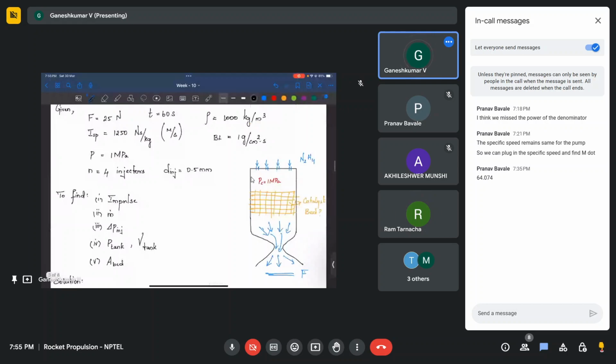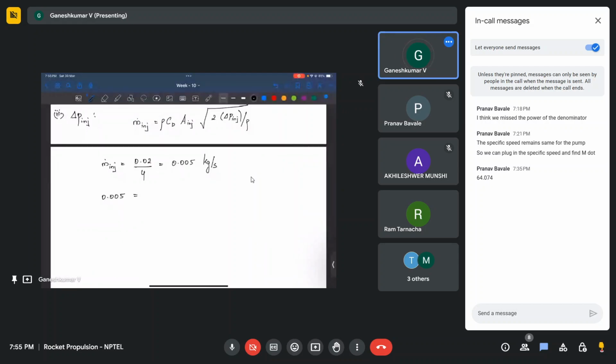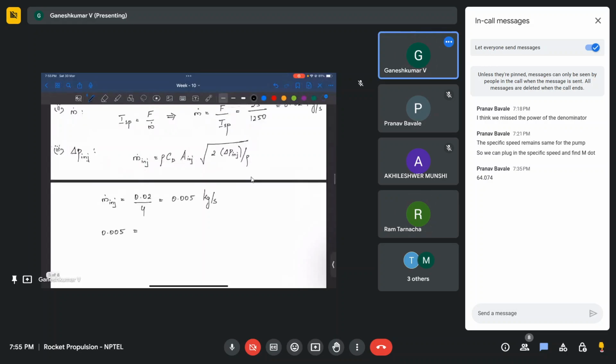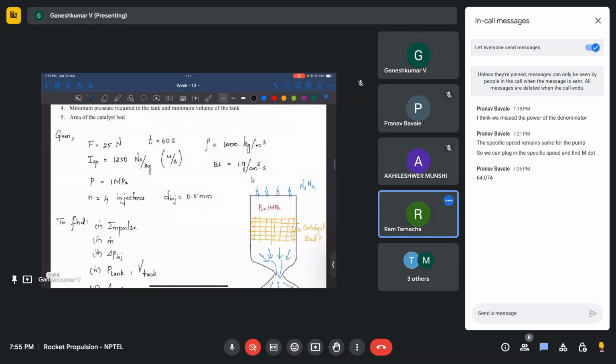Okay, maybe. So if I include that here, 0.005 is equal to density of the hydrogen. Is it given? It's 1000. So 1000 into 0.96 into area of the injector.